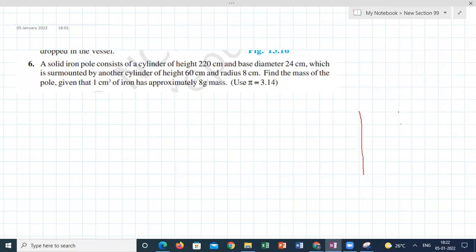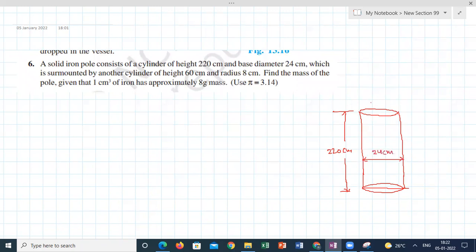First the iron core is like this, in the form of a cylinder. This height is 220 centimeter, and the diameter is 24 centimeter.